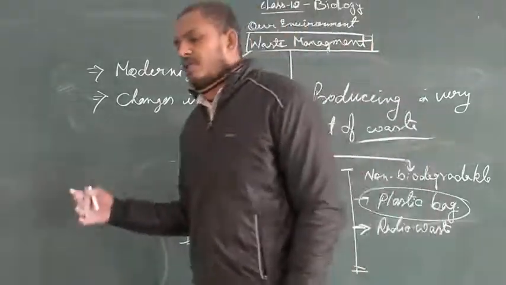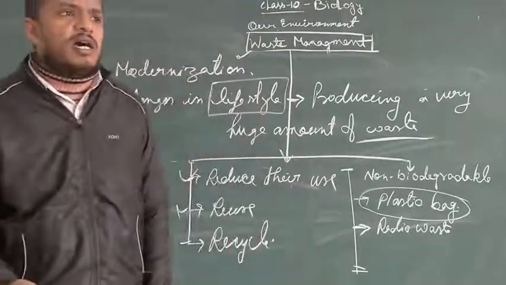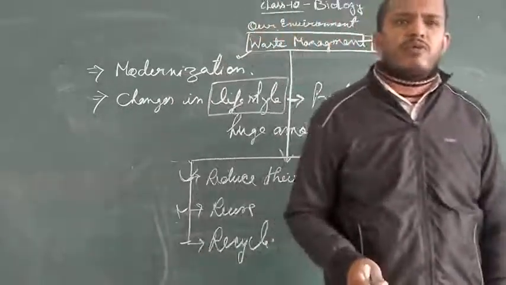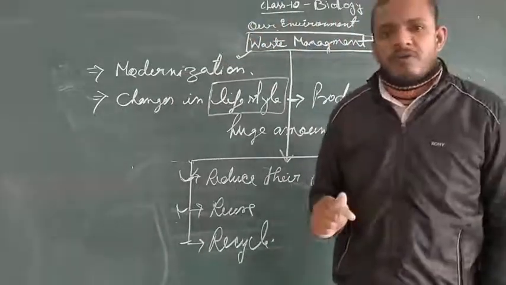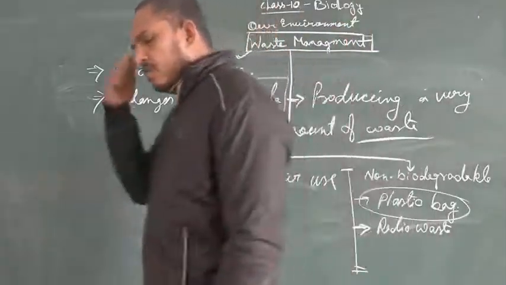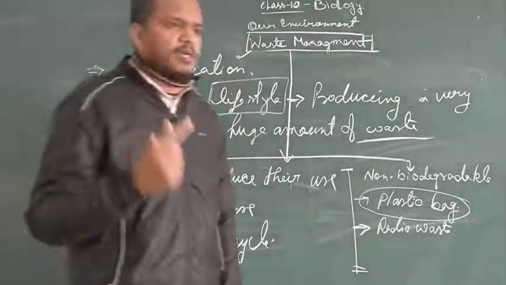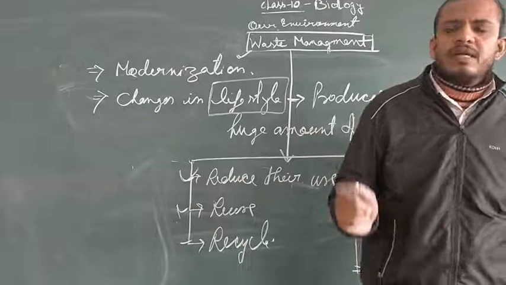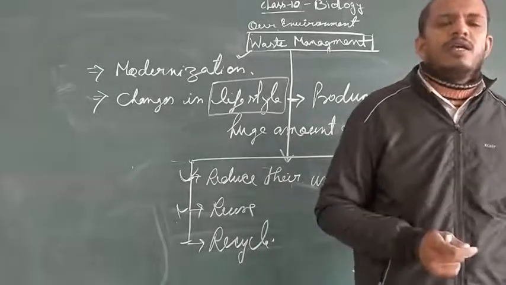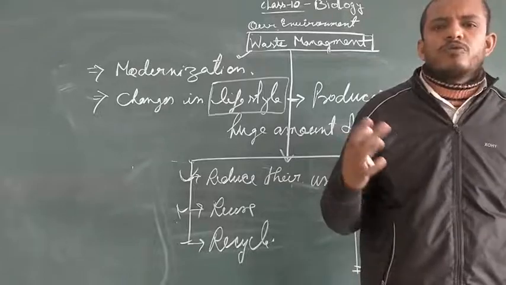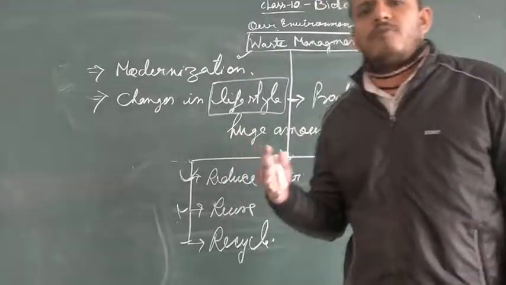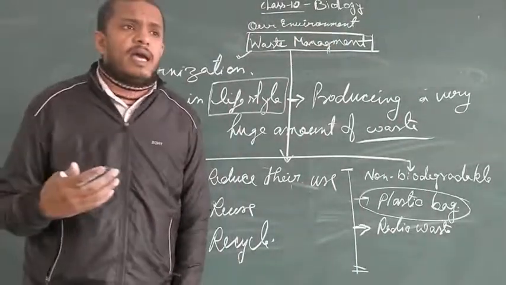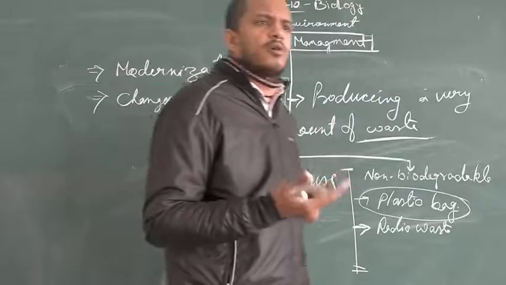The production and release of plastic glasses is so large that their decomposition and segregation could not be performed. So what happened? Kulhar was applied, which is made up of clay. But slowly it was realized that making such a large amount of kulhar to fulfill the demand is causing a negative effect on the soil, because to make that kulhar, the top fertile soil was being used by the kumhars, and as a result that is also a kind of loss.